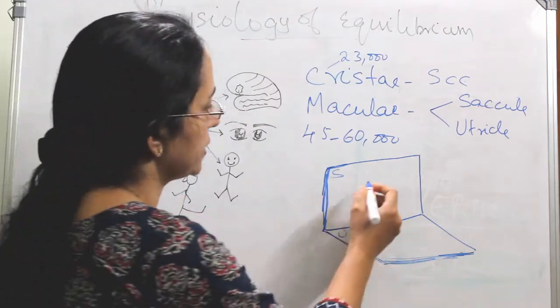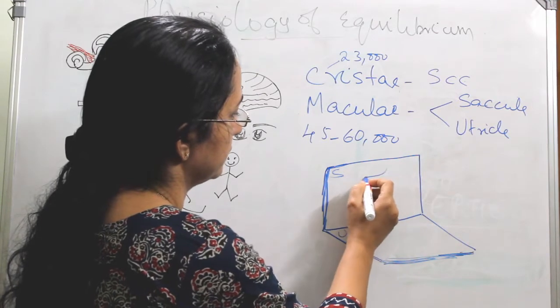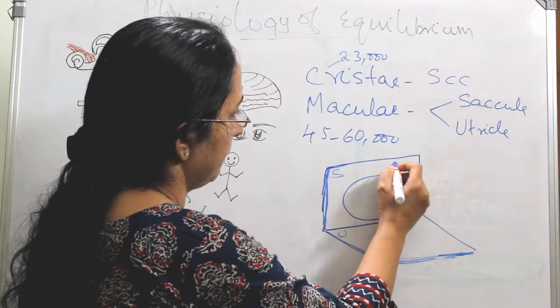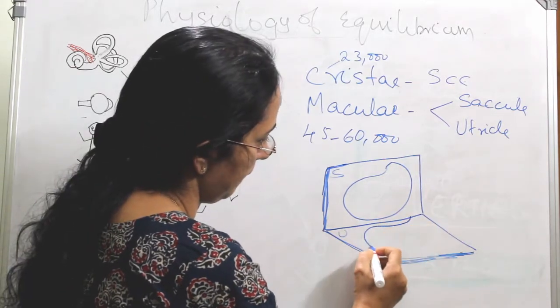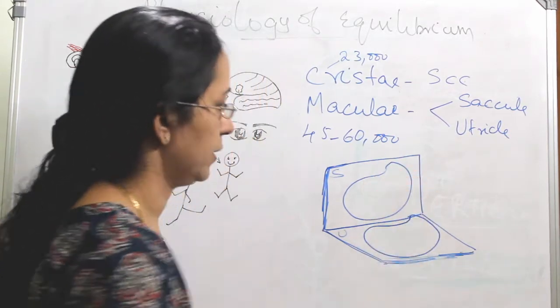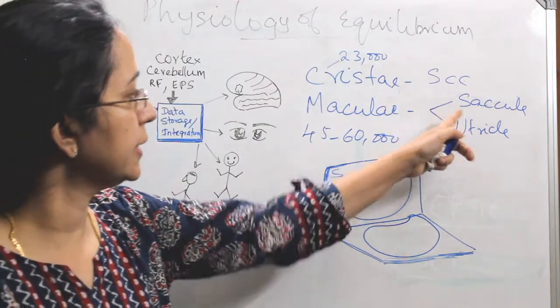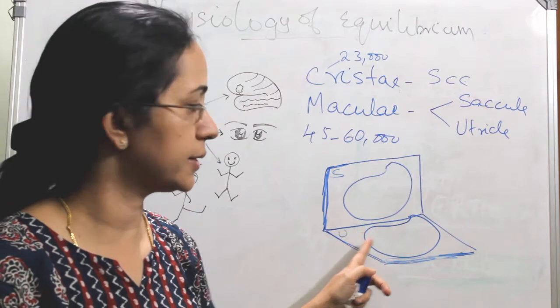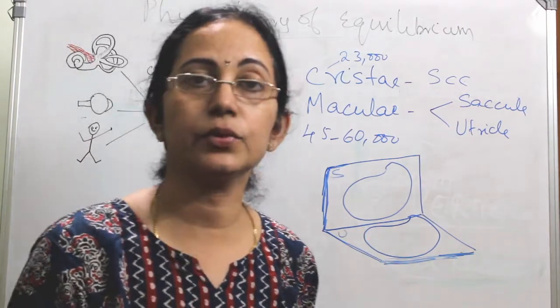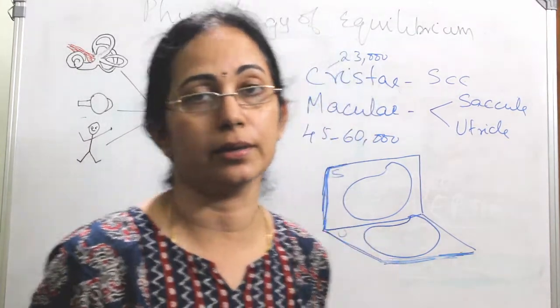In the saccule, it is vertically oriented, and in the utricle, it is horizontally oriented. One more thing is there, it is called the striola, right?